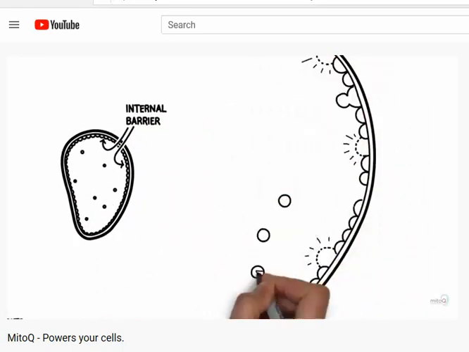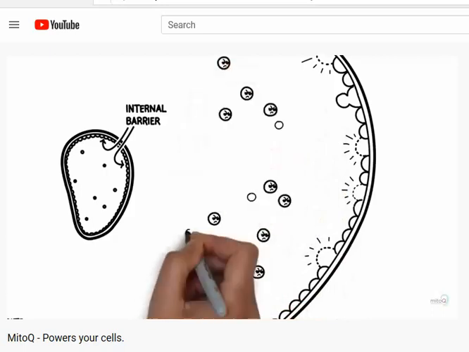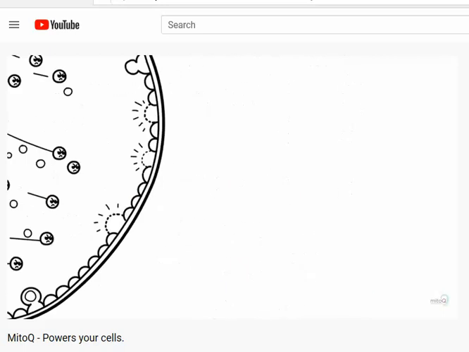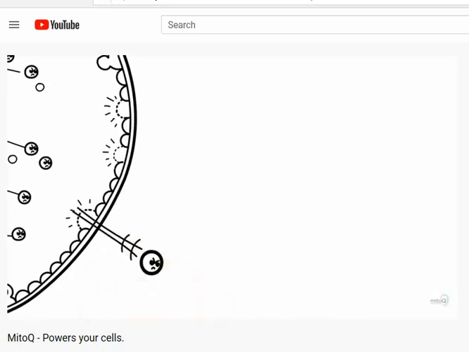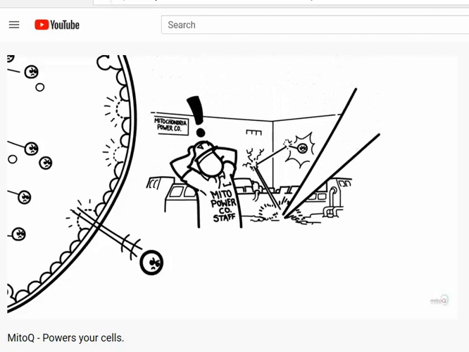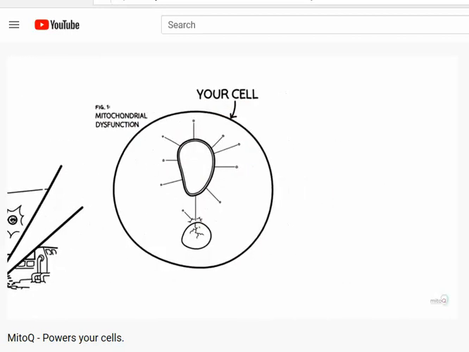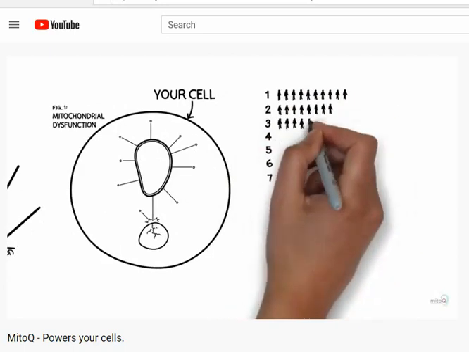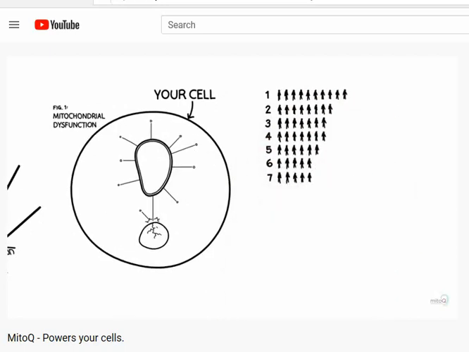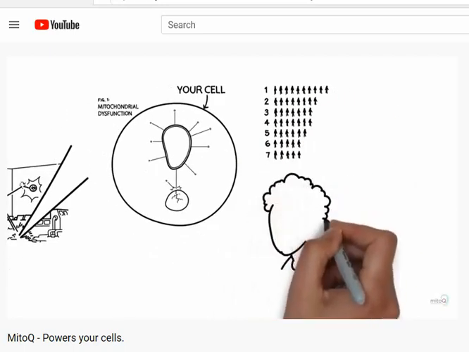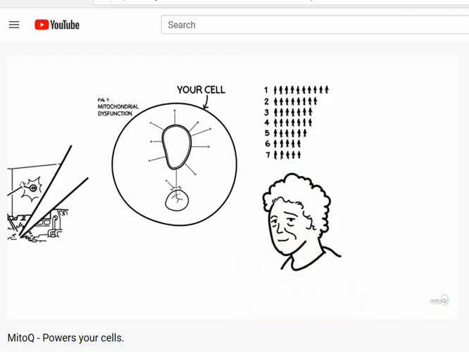But as we age, mitochondria can't reline their barriers fast enough to cope, and some free radicals can escape. This can cause mitochondrial dysfunction, and this can have some serious effects. It is known to be a significant cause of a large number of health conditions, including 7 of the most costly to human life. In fact, the cumulative damage caused by malfunctioning mitochondria is one of the primary causes of aging itself.